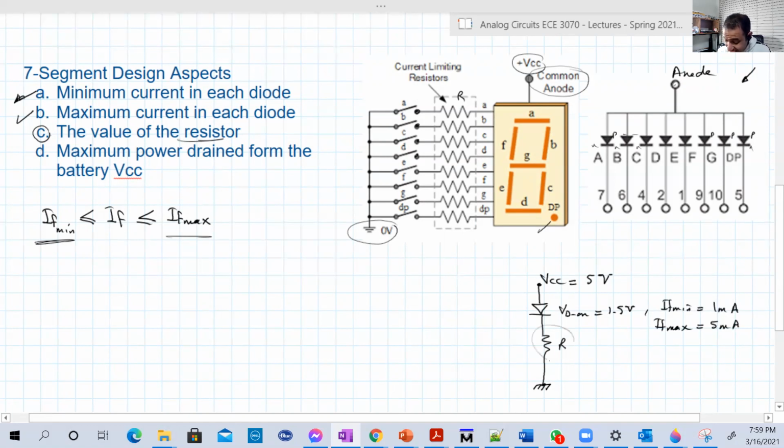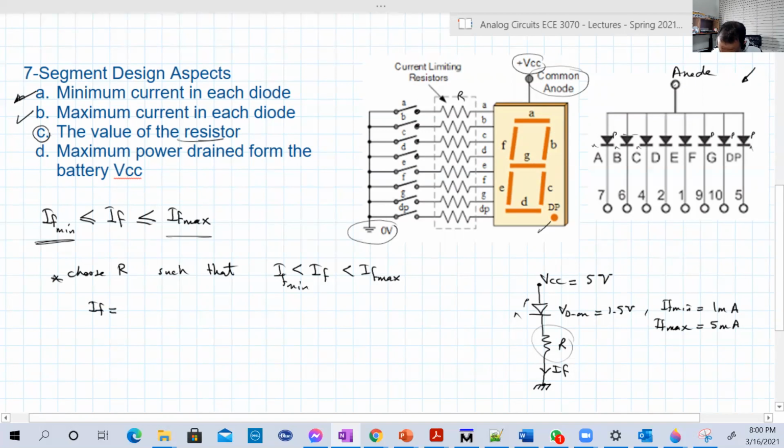Let's design R, I mean choose R, such that I forward is higher than IF minimum and lower than IF maximum. First, let's determine the current with the equation.